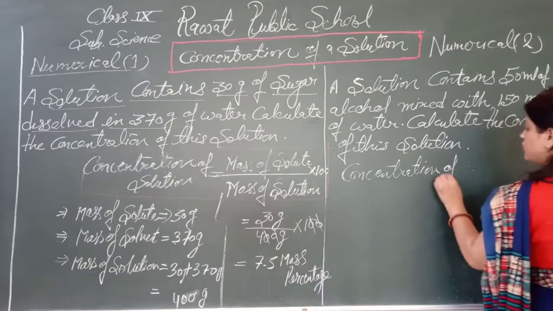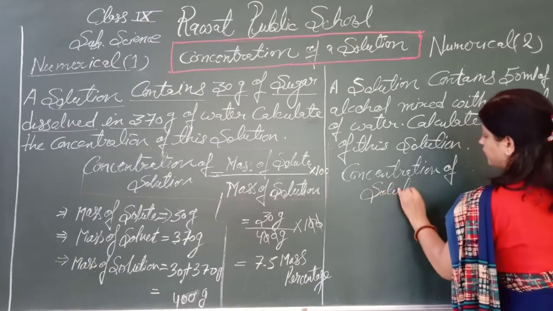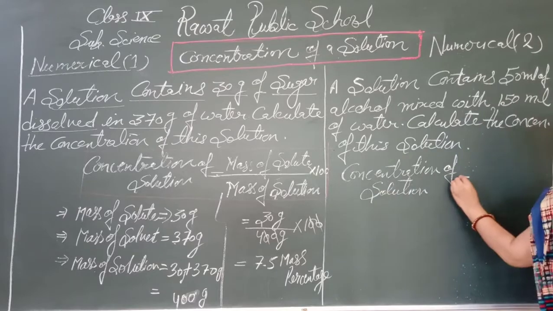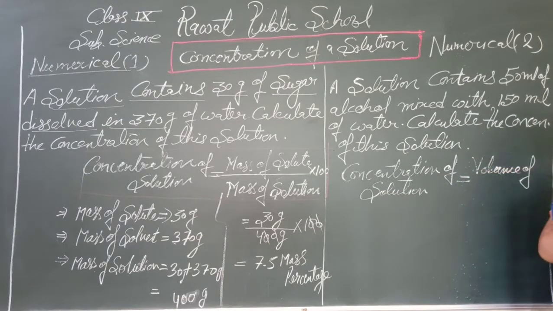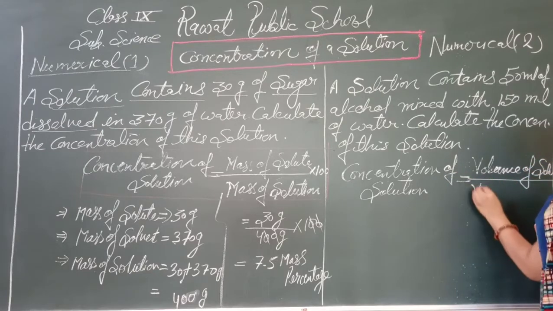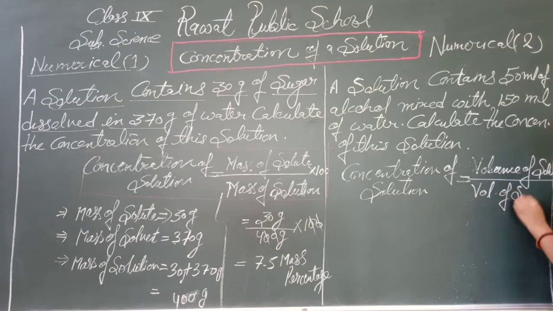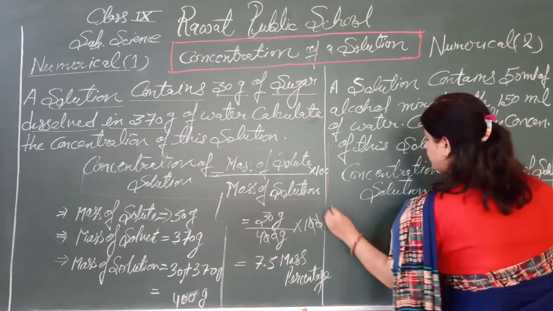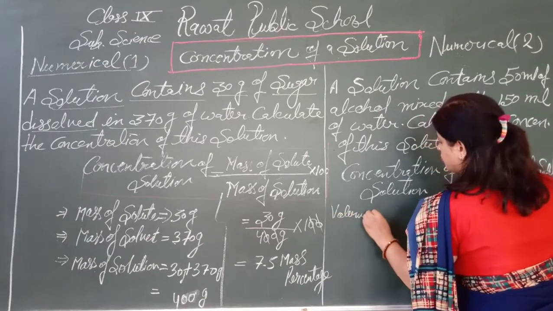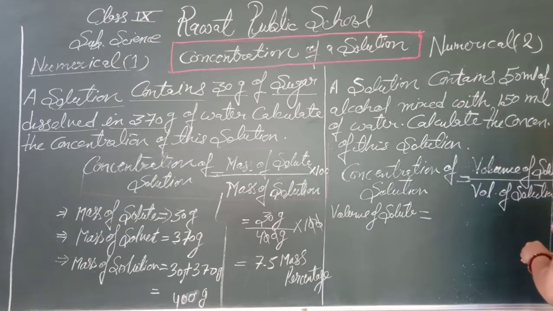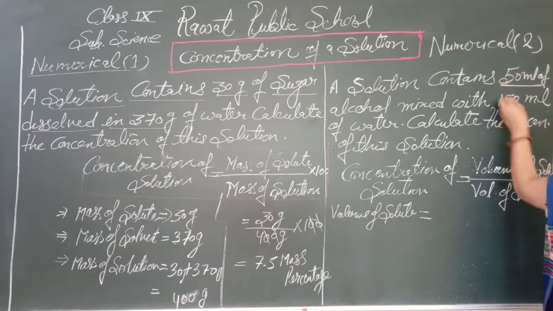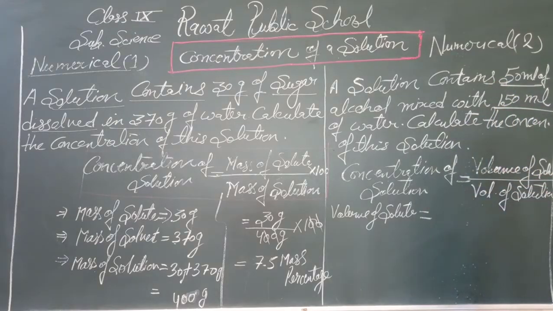Concentration of solution equals volume of solute upon volume of solution. Right? So first of all, what is the volume of solute? Volume of solute is given as 50 ml and solvent 150 ml.